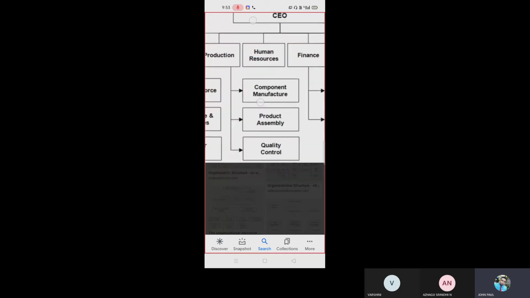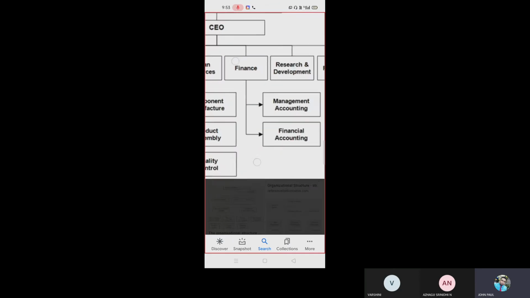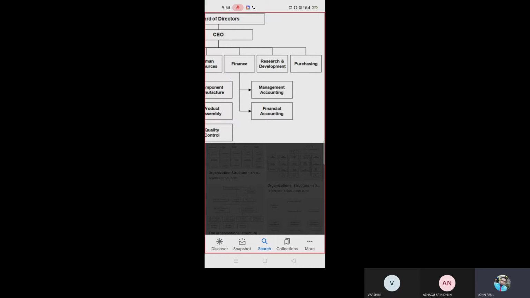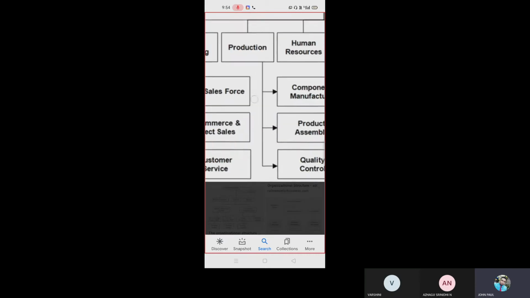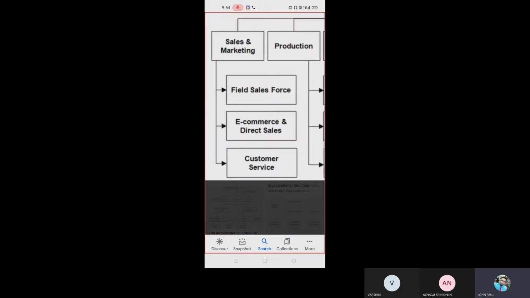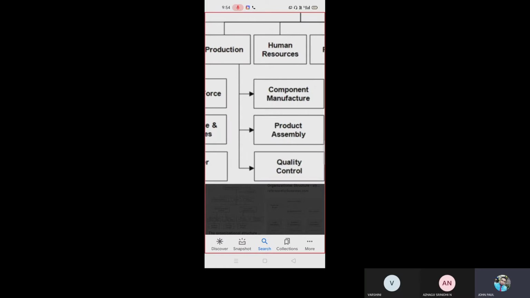You can see board of directors, CEO, sales marketing department head, the production department head, human resource department head, finance department head, R&D. I already told you. Then purchase department. So this is what we call organizational structure. If we look at sales, under sales you can see field sales force, e-commerce, then direct sales, and then customer service. These people come under the sales department. What about the production department?